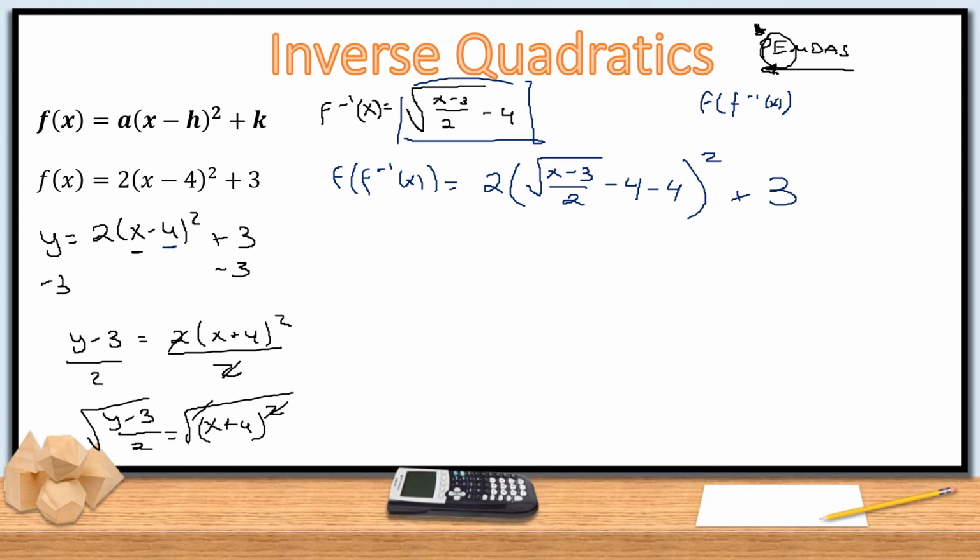So we've got 2 times, now the whole thing is going to be squared, so let's see, we've got square root of (x minus 3) all over 2 minus 8, times another one, square root of (x minus 3) all over 2 minus 8, plus 3.